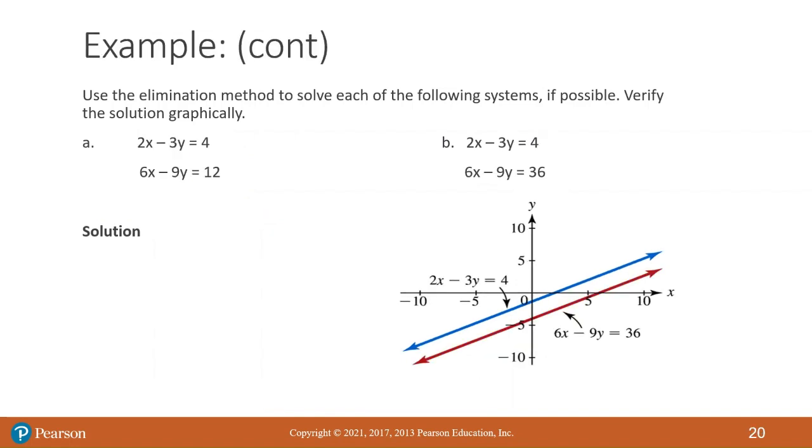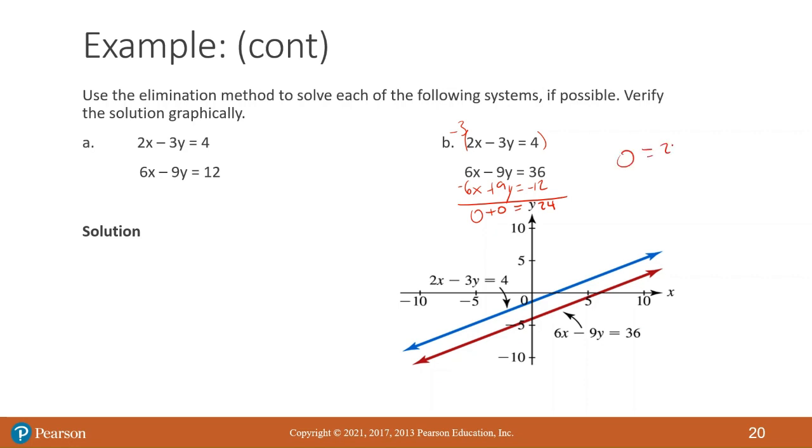With B, we have 2x minus 3y equals 4 and 6x minus 9y equals 36. In B, I'm going to multiply the first equation by negative 3. This is going to give me negative 6x plus 9y equals negative 12. If I add those together, I get 0 plus 0 equals 24.